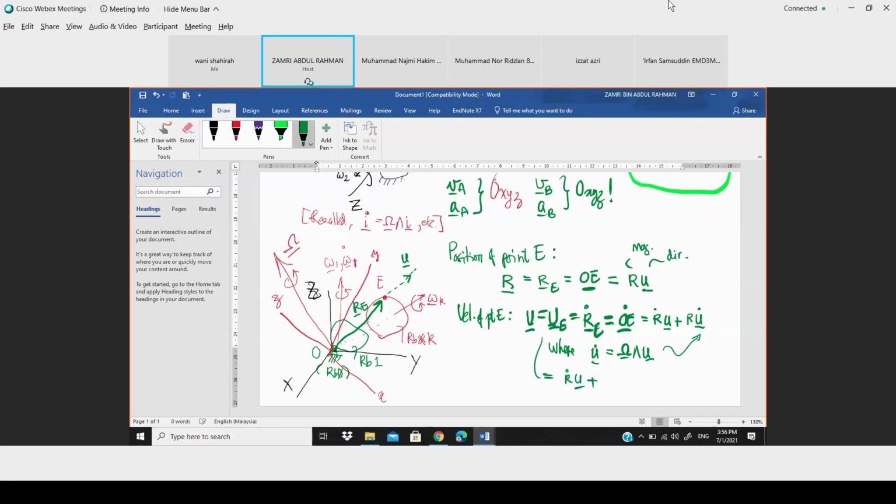We get omega cross R. If you call this equation 1, this is equation 2. Okay? Okay, guys? Okay, sir.